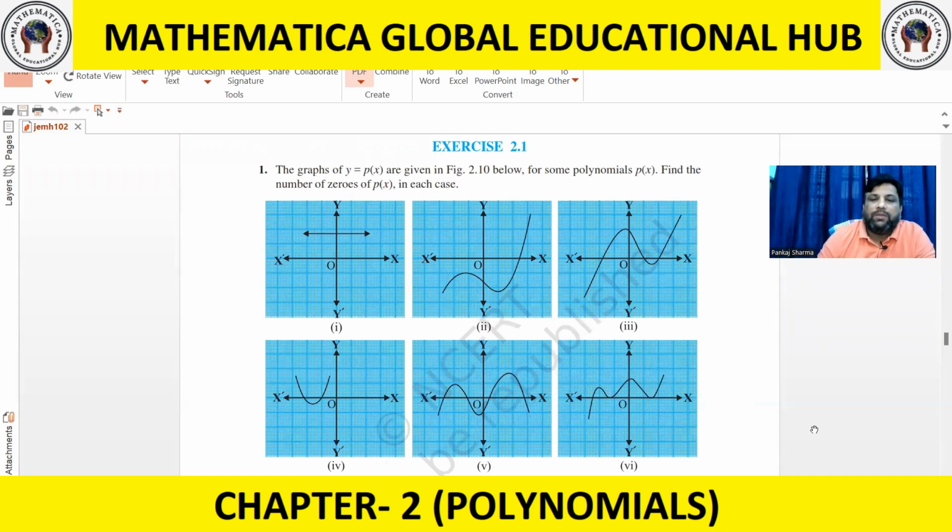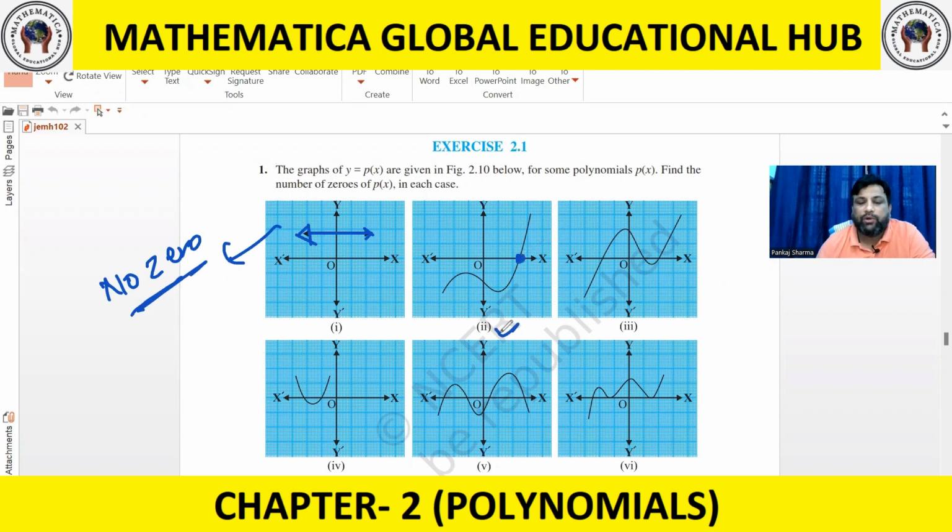In the first question, they are telling that the graph of y equals p(x) is given in figure 2.10 below, for some polynomial p(x), and we must find the number of zeros. Here this graph is not touching the x-axis, so there will be no zero, because it is not intersecting the x-axis.